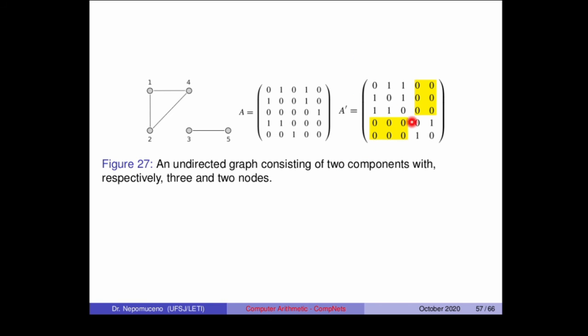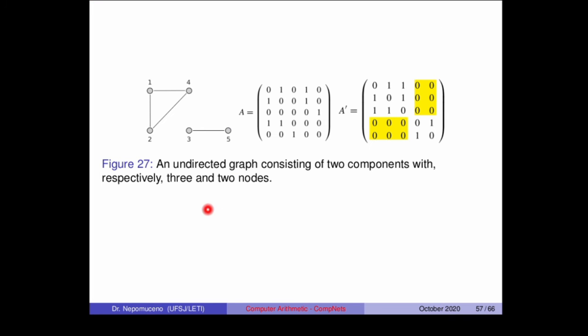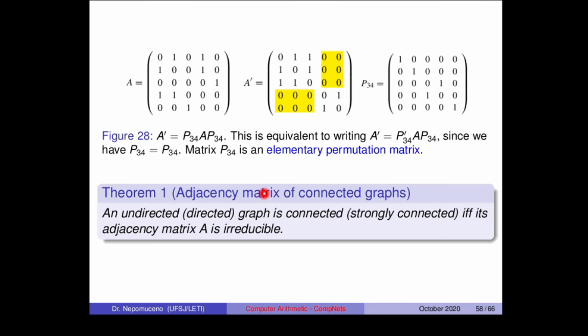And here, as you can see, you have some matrices that you can write. So in this way, as you are going to see, an undirected graph consists of two components with respectively 3 and 2 nodes. What do you get from this matrix?